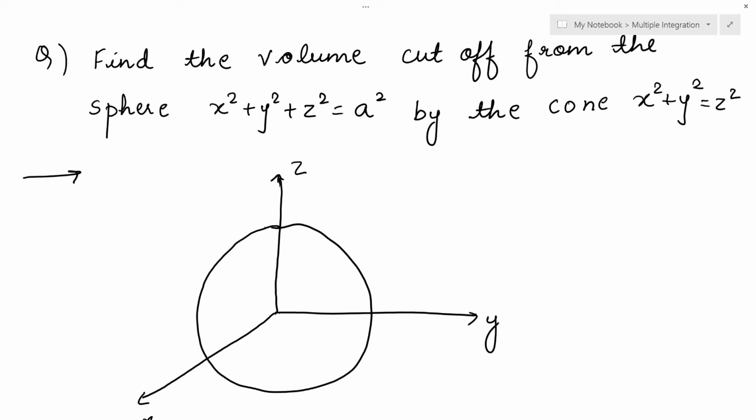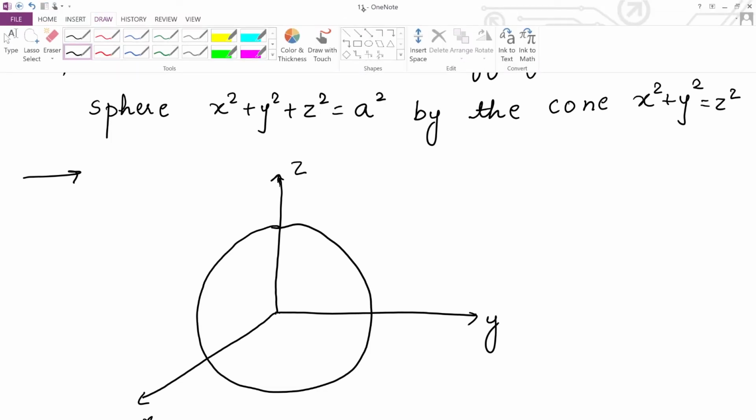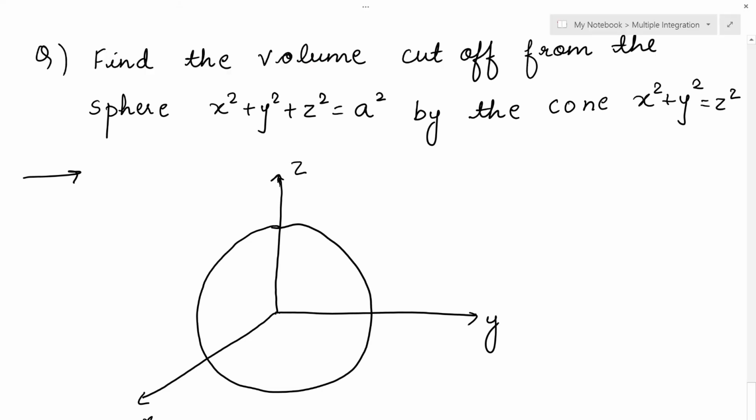And then they have given that a volume cut off with a sphere by a cone. So cone will be something around here. So cone again is a three-dimensional thing, right? So volume cutoff means a common region we can see.